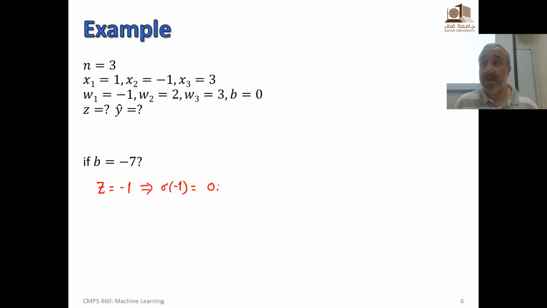Okay, if you remember the shape of the sigmoid, this is 0.5, and it appears when Z is 0. Now Z is -1, so we would expect it to be below 0.5.